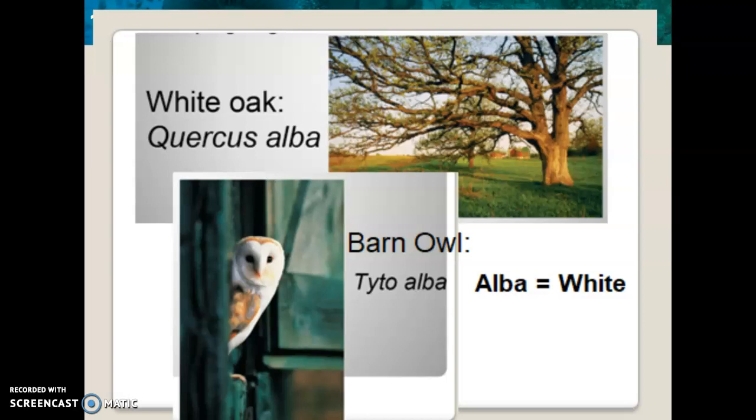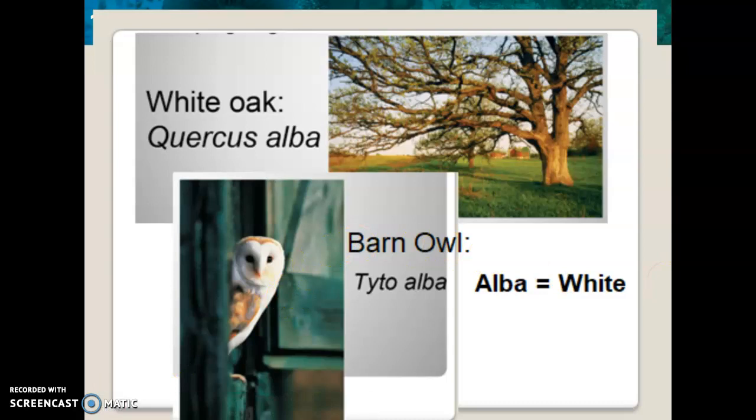Both of them have the same first name, so they're in the same genus. So I could be talking about this group of bacteria that can make people pretty sick, tetanus, botulism, and I could just say bacteria from the genus Clostridium. But what I wouldn't want to do is just put tetani or botulinum by itself, because that second name might be tied to another genus.